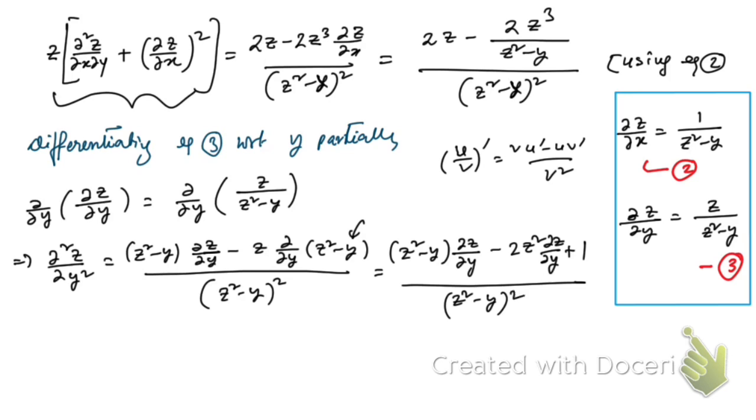Okay, now again we're going to replace this value from this equation number 3. Okay, so if we do so, then what we will have, so let me write here.